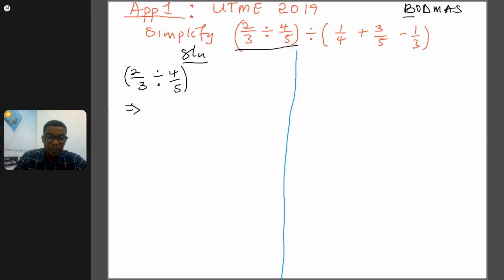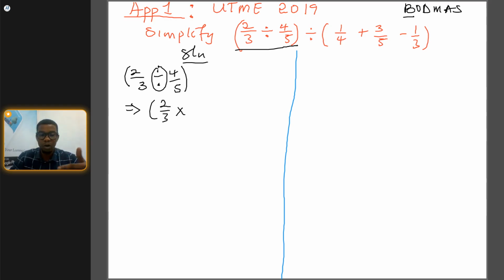That will give us 2/3. Of course, we cannot work with the division sign until it is changed to multiplication. When we change this to multiplication, we take the reciprocal of the fraction. For instance, I have A/B.